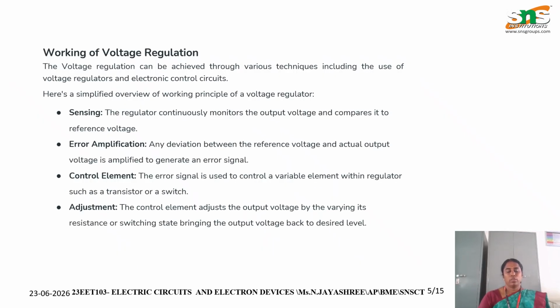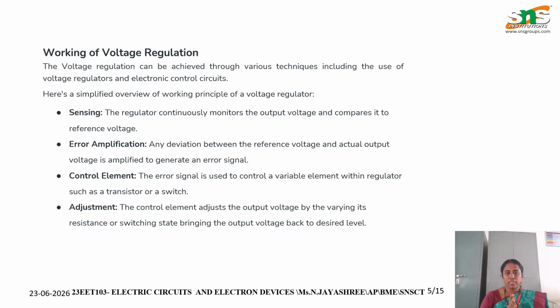Next one is what? Working of voltage regulation. Voltage regulation can be achieved through various techniques, including sensing, error amplification, control element and adjustment. So sensing is what? The regulator continuously monitors the output voltage and compares it to the reference voltage.